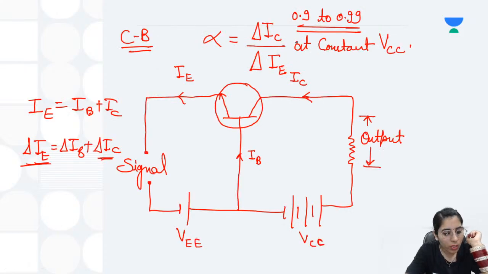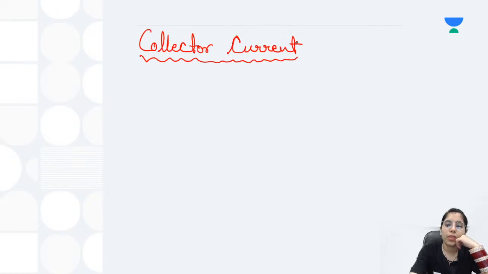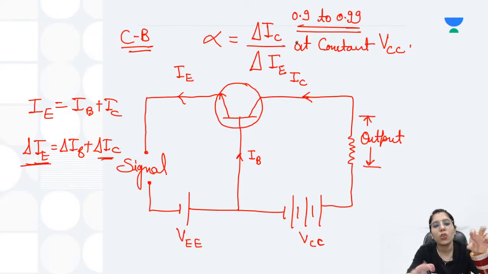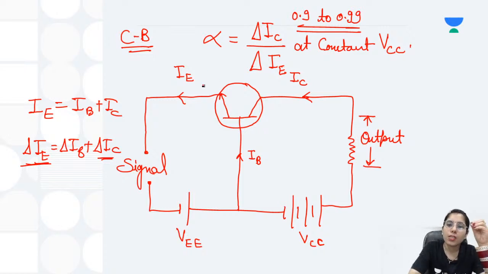So before I talk about the collector current, I want to tell you one thing here. If you consider there is no current or no signal on the emitter side you are providing, still in the circuit, practically if you check it out, when there is no emitter current, you will still get some collector current if you measure it.